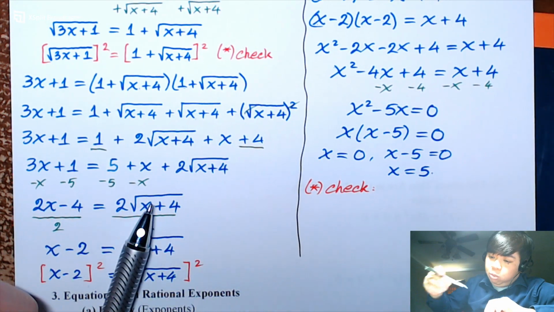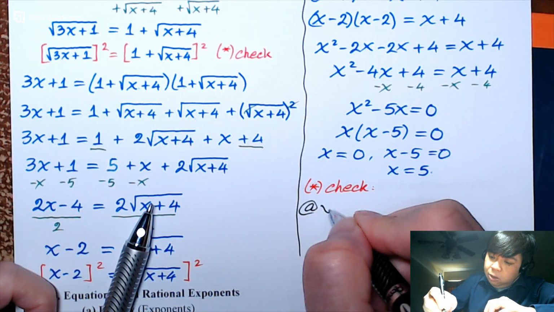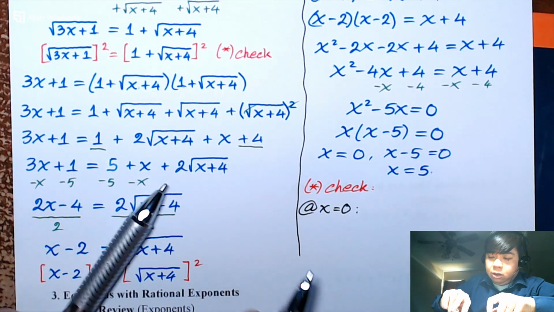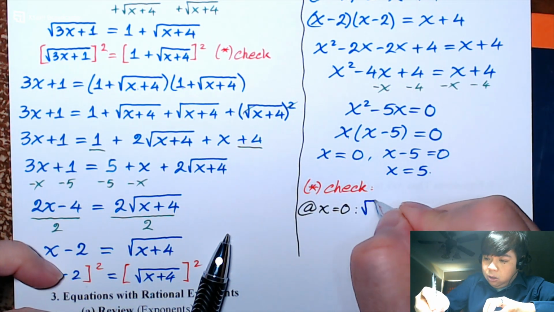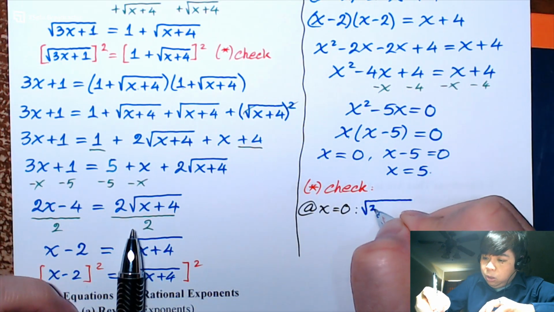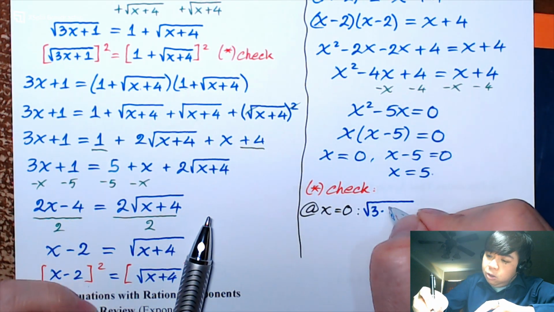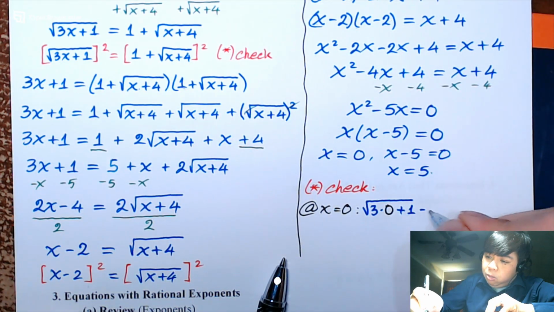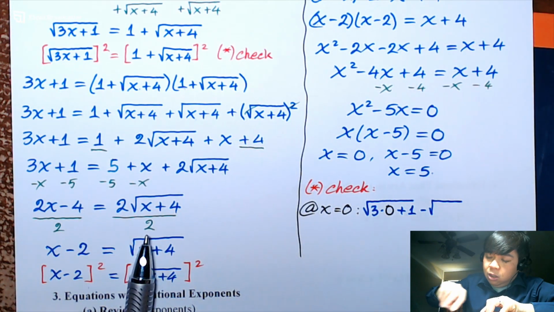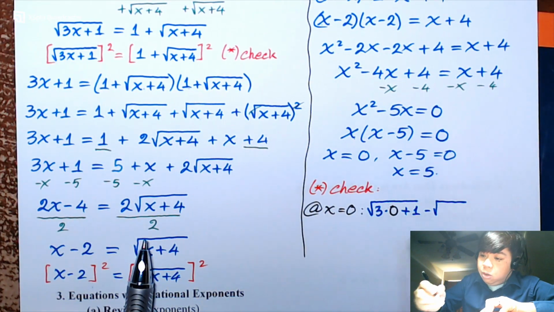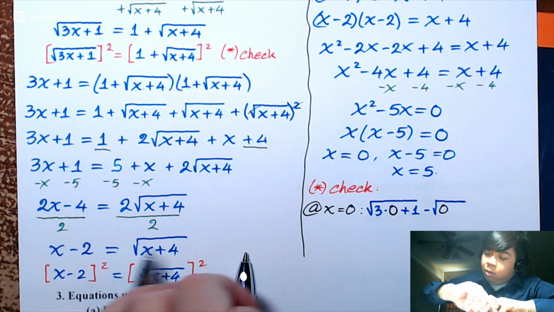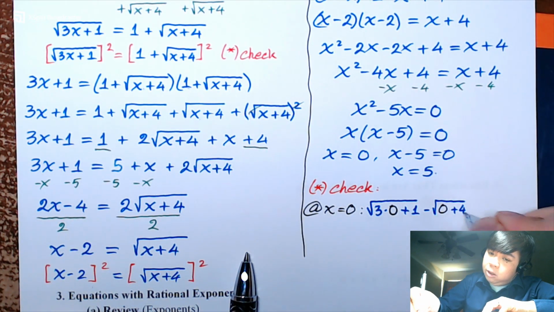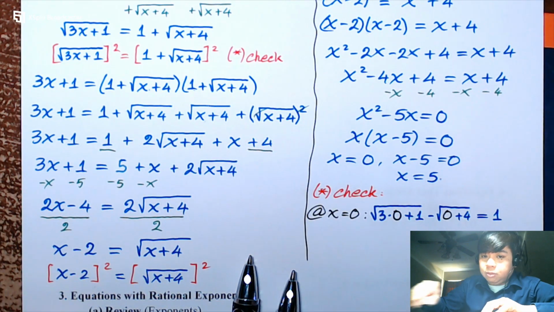For x equal to 0, three times 0 plus 1, minus square root of 0 plus 4, is that equal to 1?